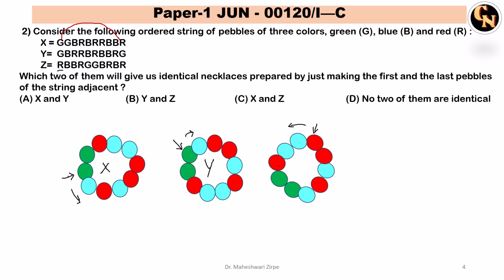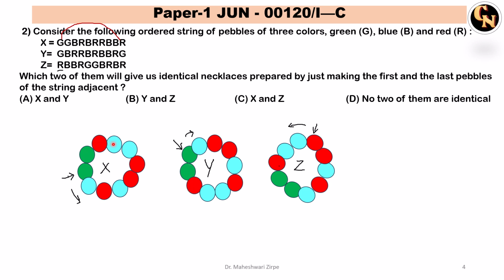Okay, so whatever colors of pebbles they have given, we have seen the arrangement. Now among these three, let us find out which two are identical. For example, there are two green. Yes, there are two green here also in Y, correct? Then next is red, so here there is green, then red.